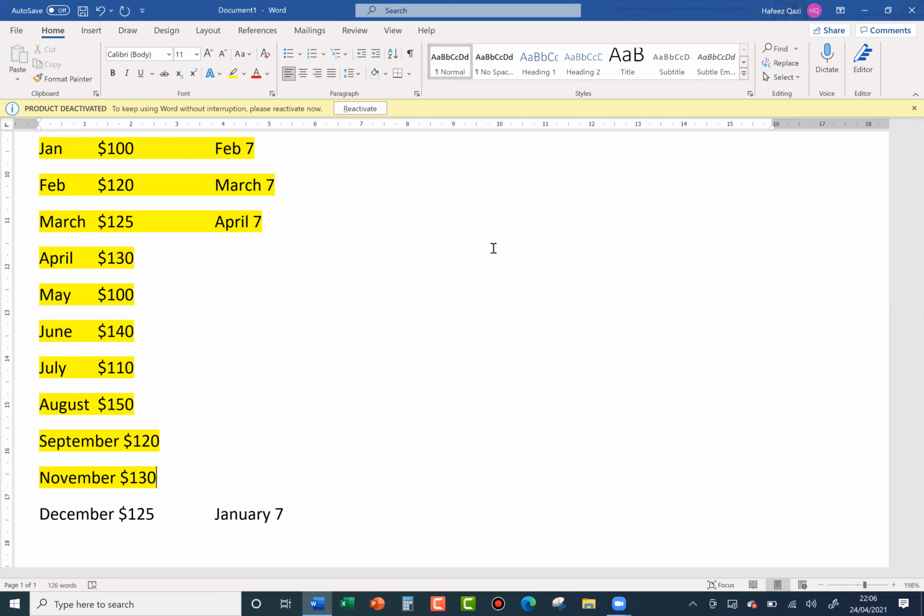So right from January to November, all the bills have been paid in the current financial year. But what about this December bill? When will we pay? Will we pay in the current financial year? No, we will pay this December bill in the month of January, which is the next financial year.